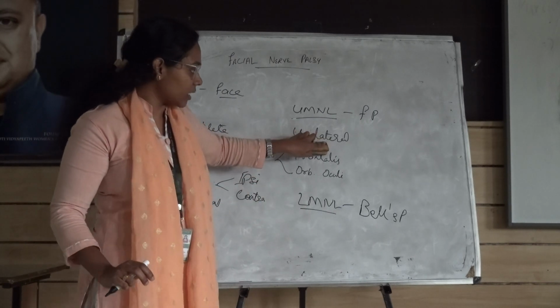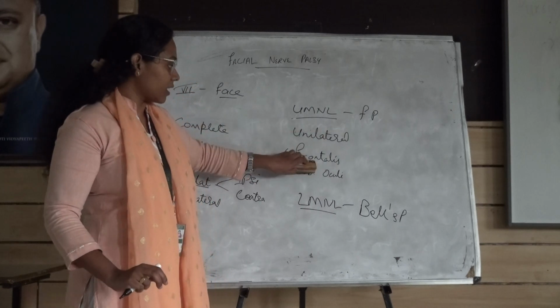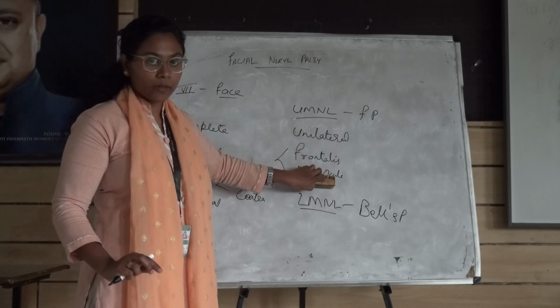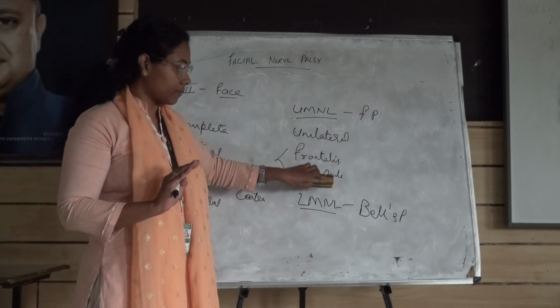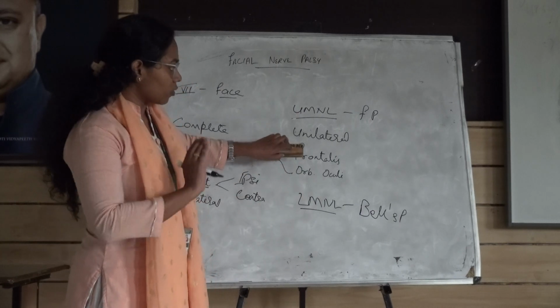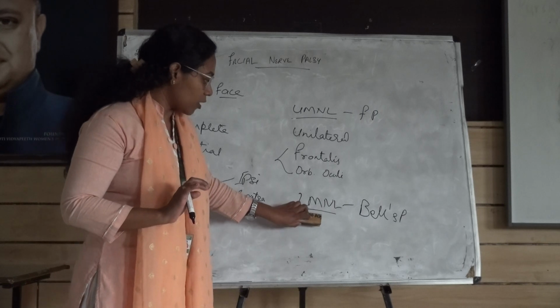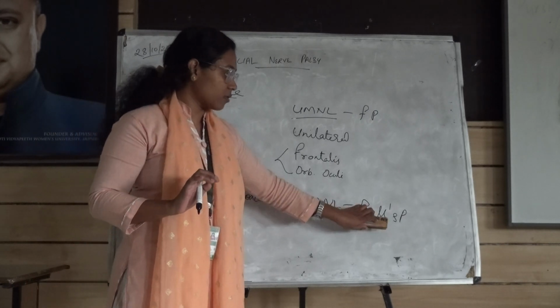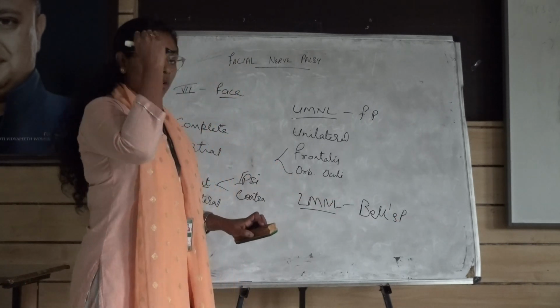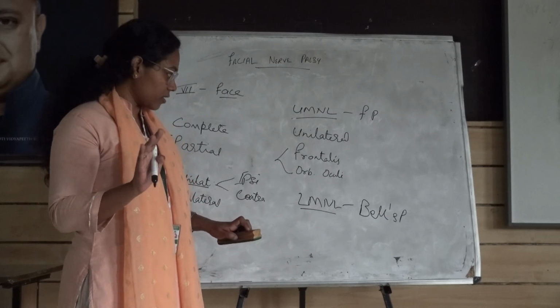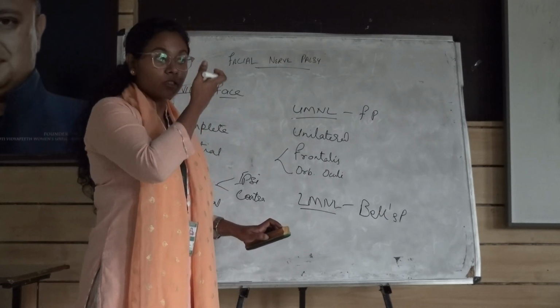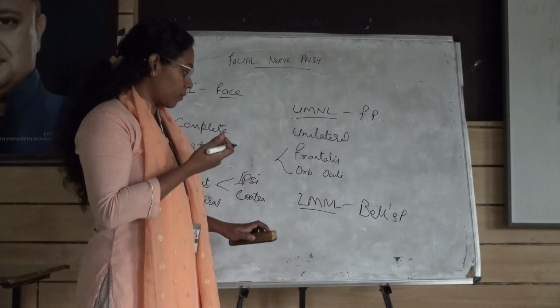Here unilateral paralysis takes place. Frontalis and orbicularis oculi muscles are partially spared. Here only one side of paralysis takes place. But if it is a lower motor neuron lesion, it is Bell's palsy, where one side gets affected, or it can affect both sides also.